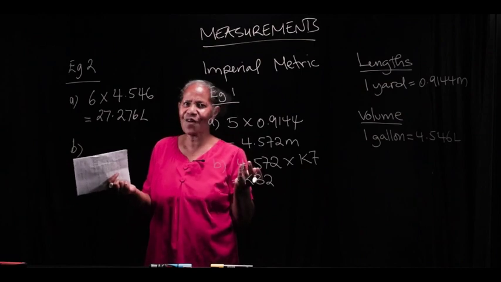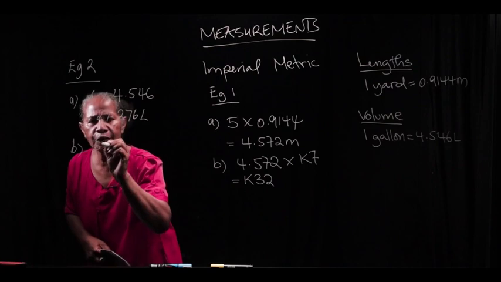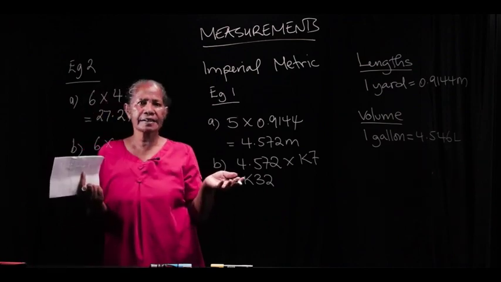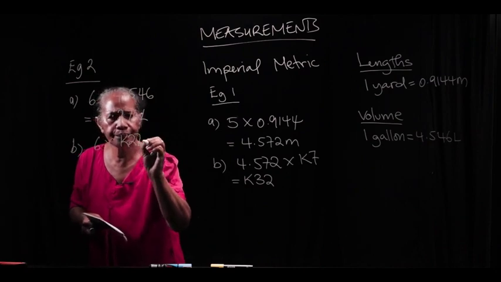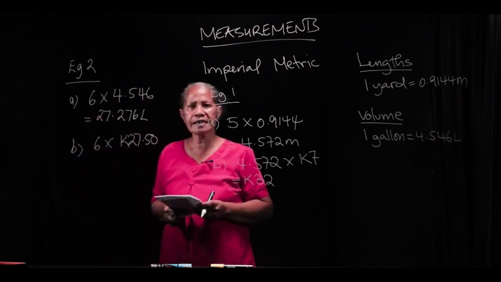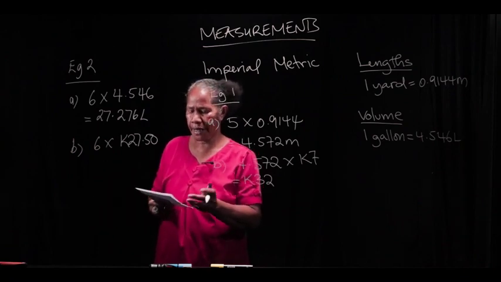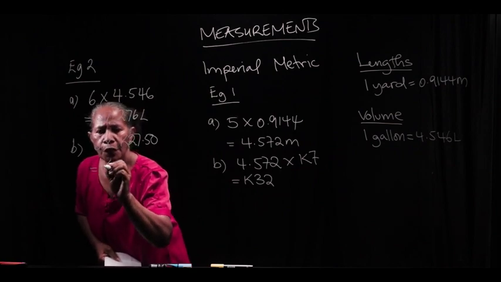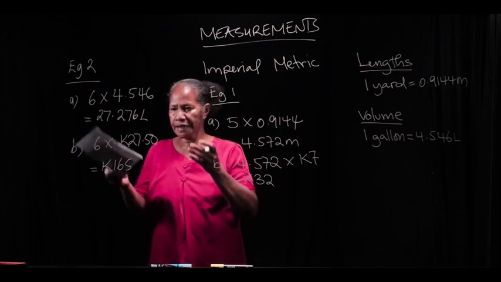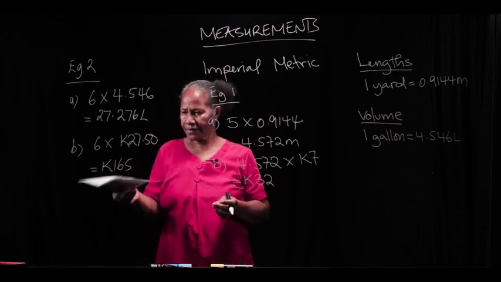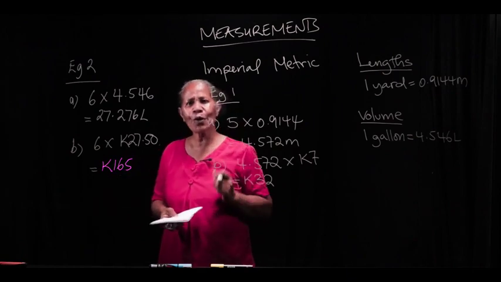So I have a straight calculation: 6 gallons, and we multiply by 27.50 per gallon. I will definitely need to pay for the 6 gallons myself, and I will pay 165 kina in order for me to go to town.